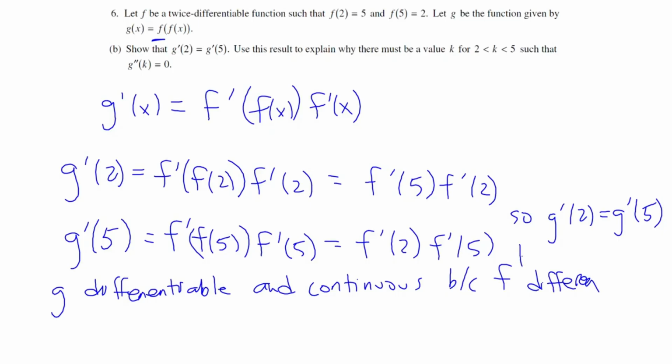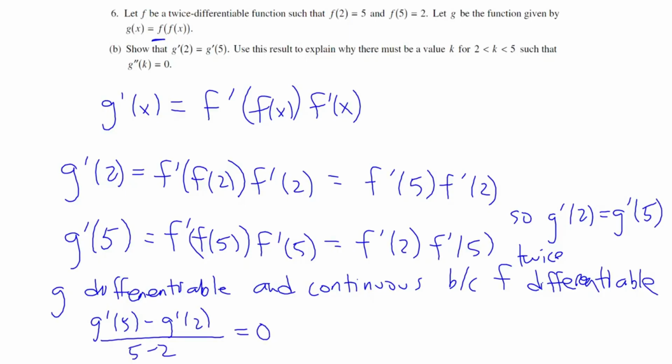In fact, it is twice differentiable. And so therefore, if g prime of 5 minus g prime of 2 over 5 minus 2 equals 0, which it does because g prime of 5 and g prime of 2 are equal to each other, then by the mean value theorem, once again, its derivative, g double prime at some value k equals 0, somewhere on 2 to 5.